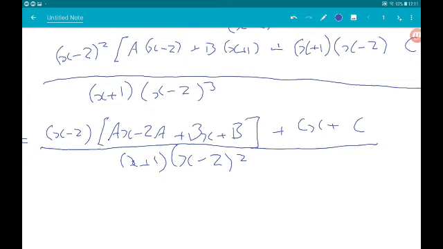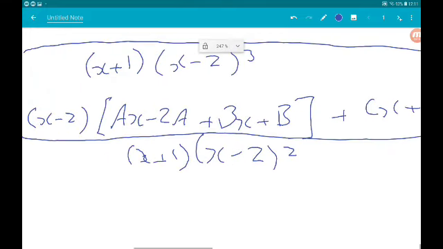Now, the only part of this that we care about, thankfully, is the top. So, let's expand the top out.